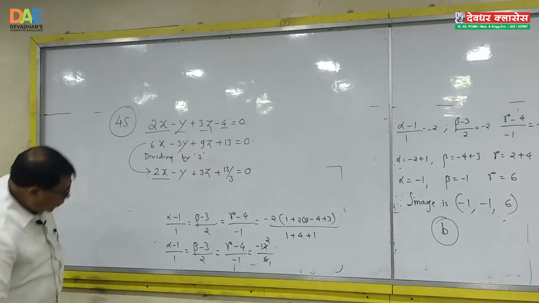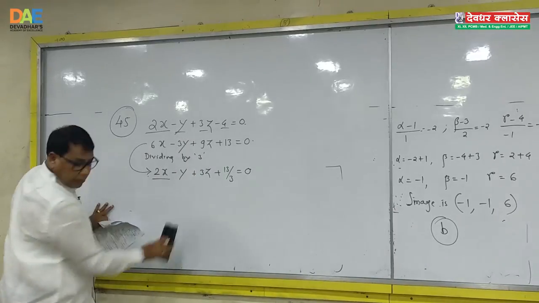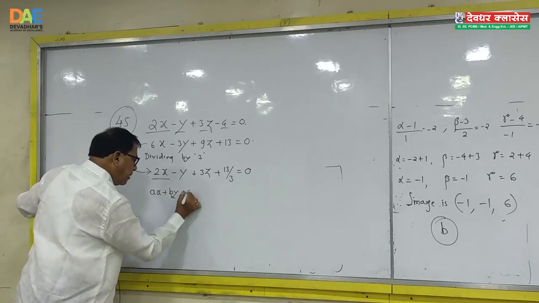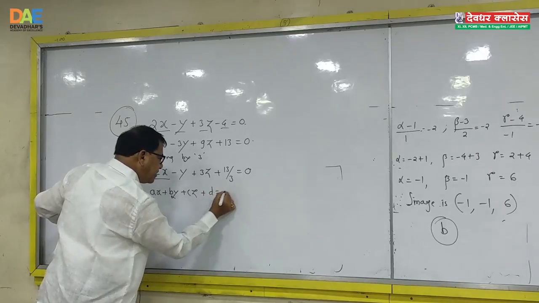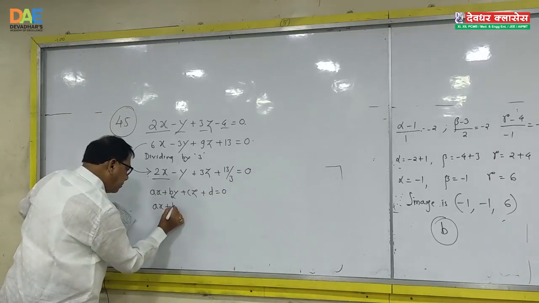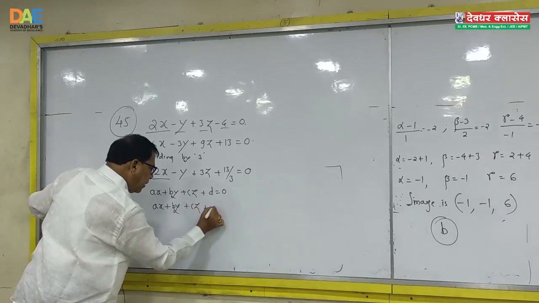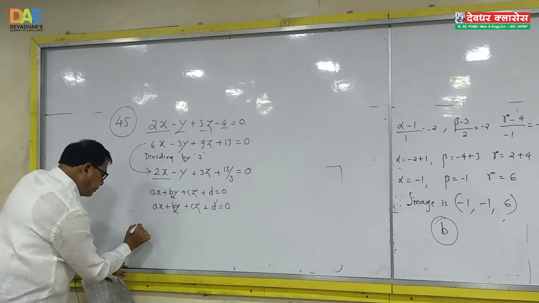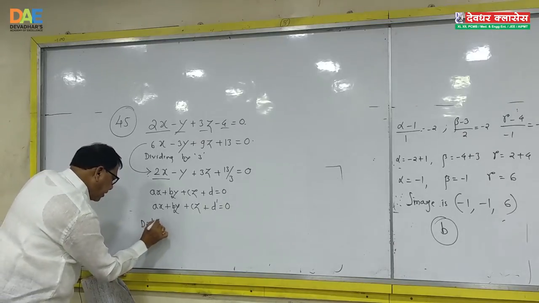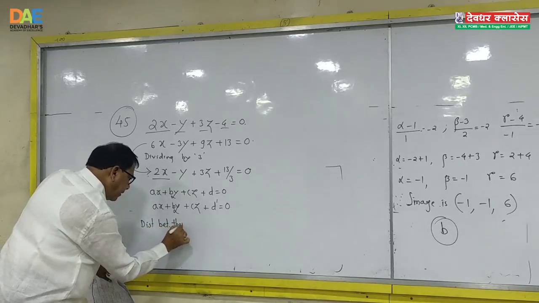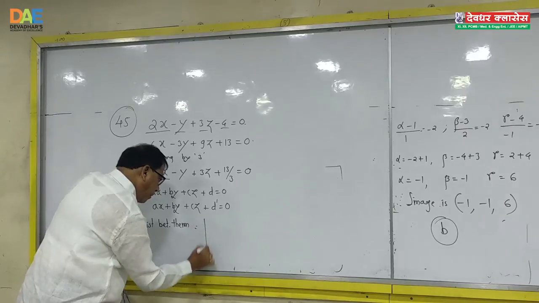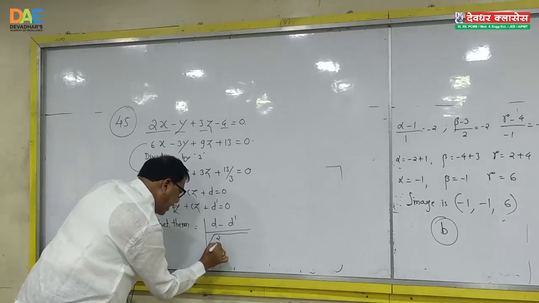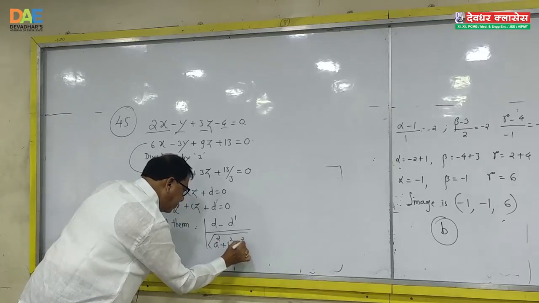Now when you have two parallel planes, that is ax plus by plus cz plus d is equal to 0, and ax plus by plus cz plus d dash is equal to 0, with a, b, c the same, then the distance between them is equal to mod of d minus d dash upon root of a square plus b square plus c square.